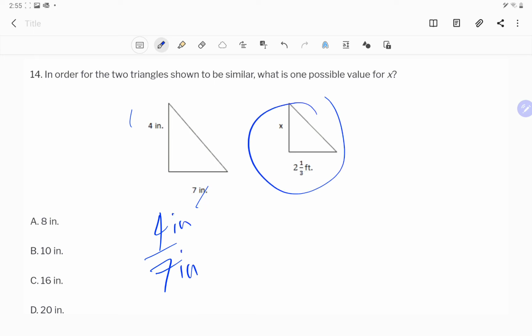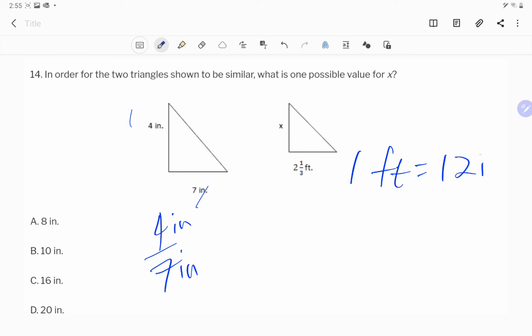Now in this case, we need to figure out the value of X, but since the choices here are in inches, the first thing that we're going to do is convert the given measure into inches. So 1 foot is equal to 12 inches, right?